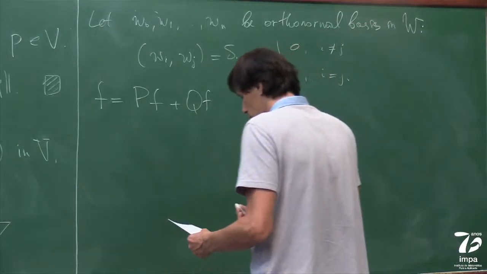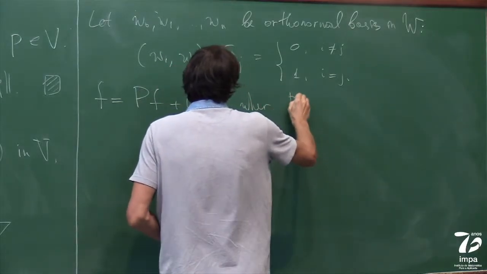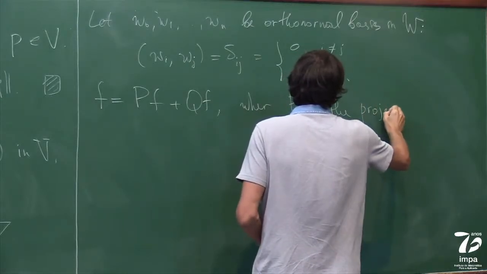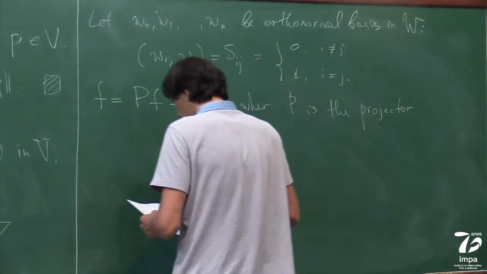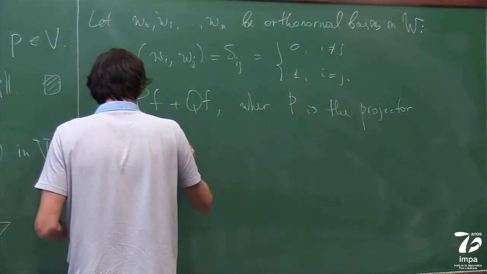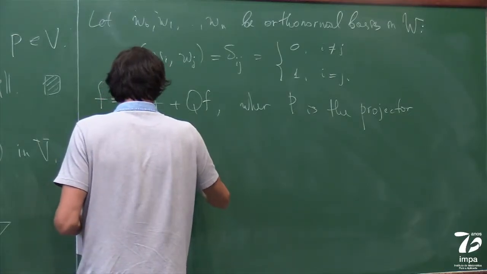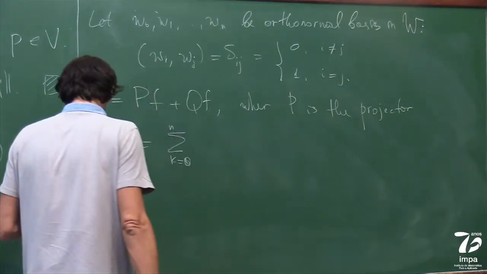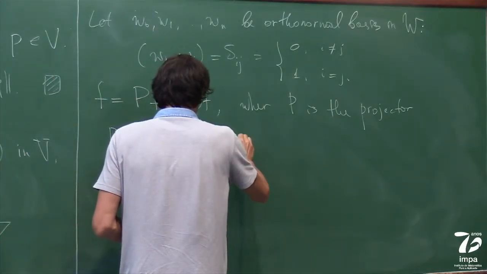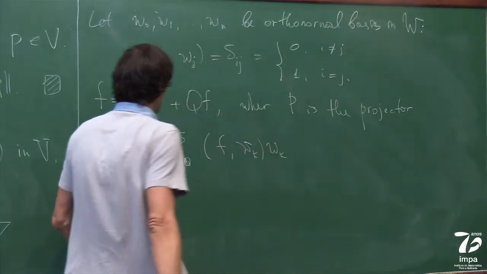And how you define it, where P is the projector: the projector is defined as PF equals the sum over all elements, and you just project F on W_k and multiply.